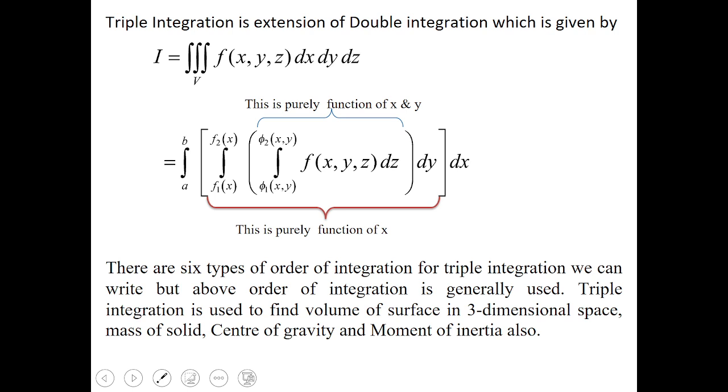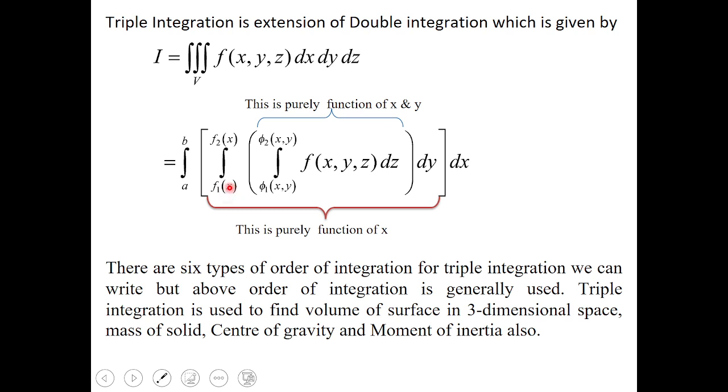The first type is when limits are given. When limits are given, the integration depends on the innermost limits, so we can observe the innermost limits. If the innermost limits are functions of x and y, the remaining variable is z, so we first integrate with respect to z. Now z is removed, and the remaining integration is of x and y only.